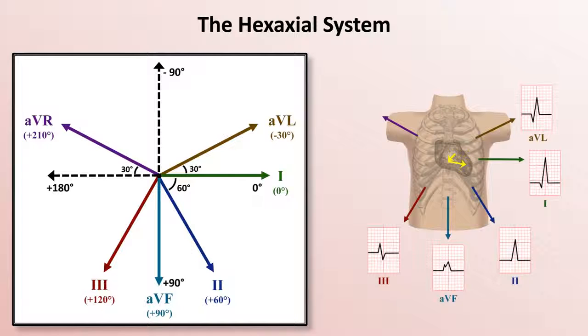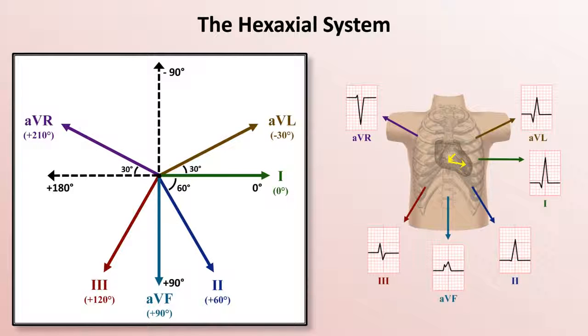The second depolarization vector is angled away, so the later deflection on EKG is negative. Finally, in AVR, the first depolarization is perpendicular to the direction of the lead, so there is negligible initial deflection. The second depolarization vector is in a nearly completely opposite direction, so that second deflection on the EKG is negative and very prominent.